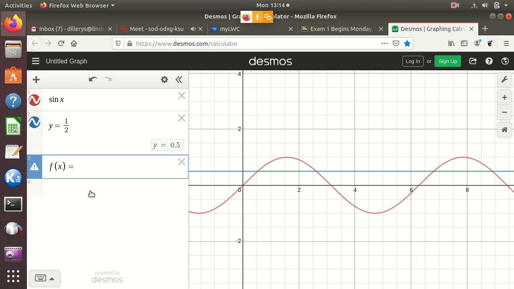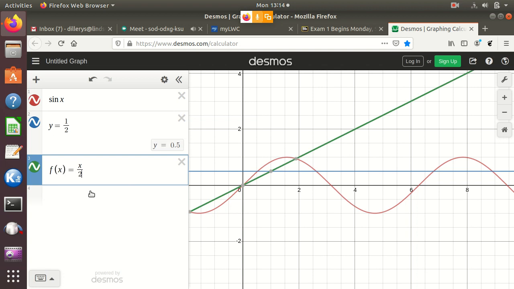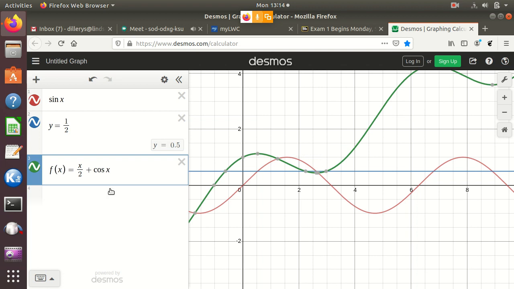So, what was it, x over 2, and then plus cosine of x, like that. So there's the original function, and there's the pi over 6, so it was increasing until there, then decreasing, and then increasing.